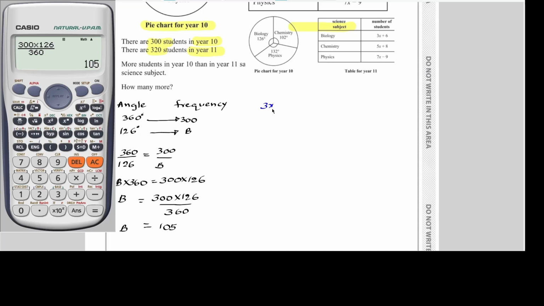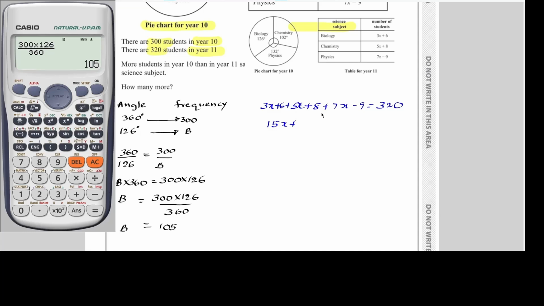Plus 6 plus 5x plus 8 plus 7x minus 9. They all add up to 320. Then 3x plus 5x plus 7x, once we add them, we are getting 15x.